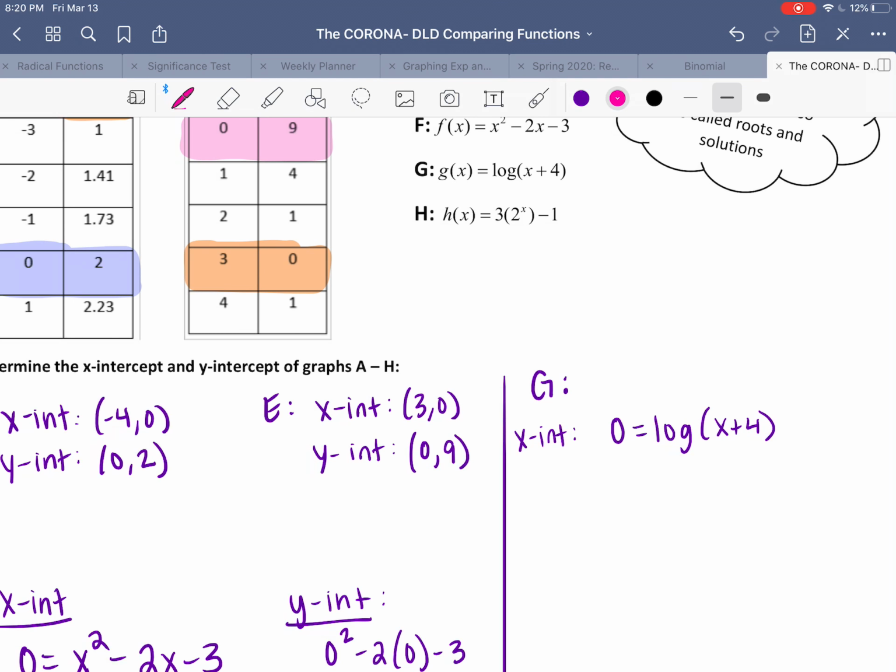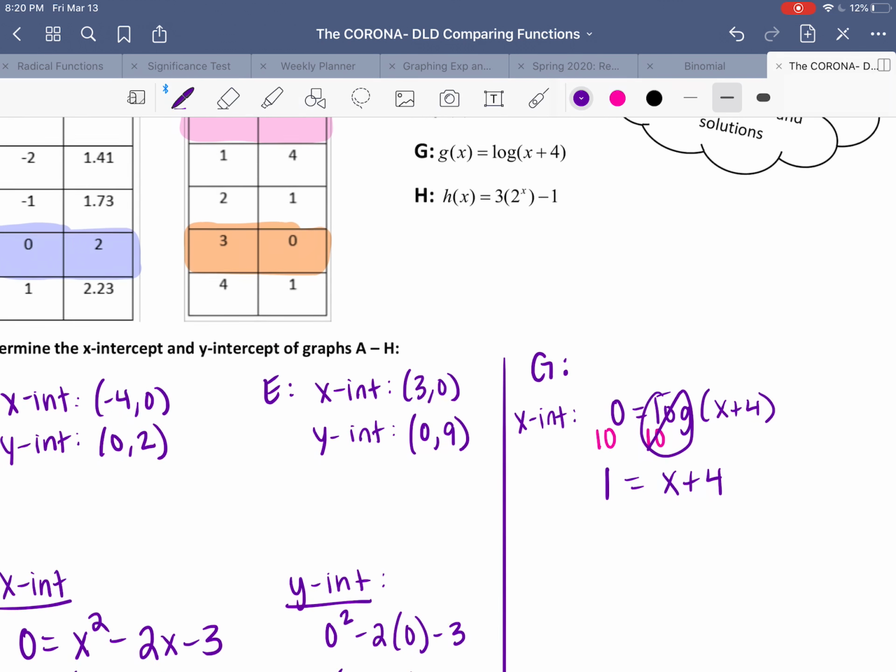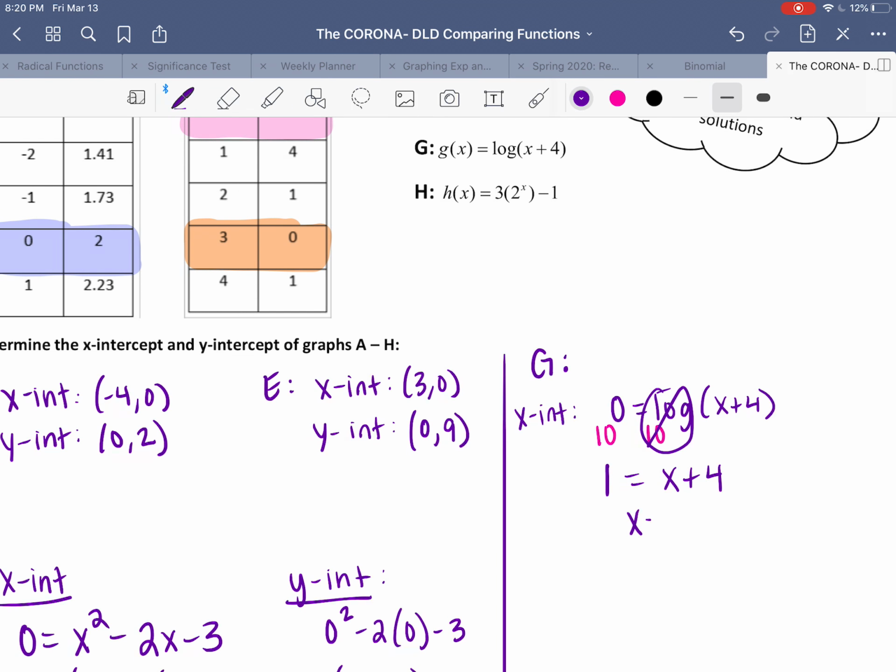Our base here is 10, so we're going to have a base of 10, and these are going to become our exponents. 10 to the 0th power is 1. These are going to simplify, and we're left with x + 4 on this side. So we're going to get x = -3. So our x-intercept is at the point (-3, 0).